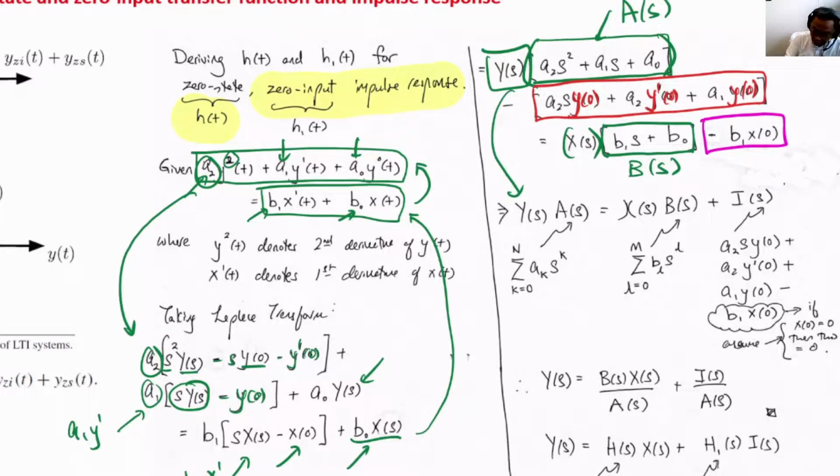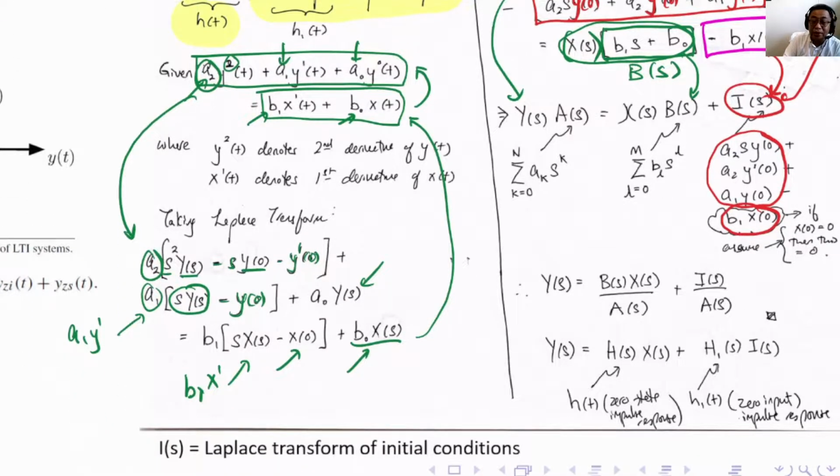We move the initial conditions to the right hand side. This is the terms associated with the initial conditions, due to the y as well as due to the x. What about B of s? It remains on the right hand side.